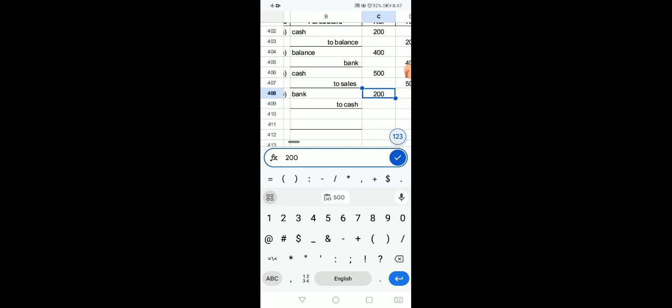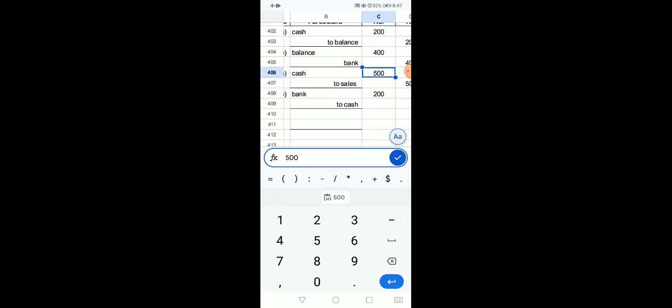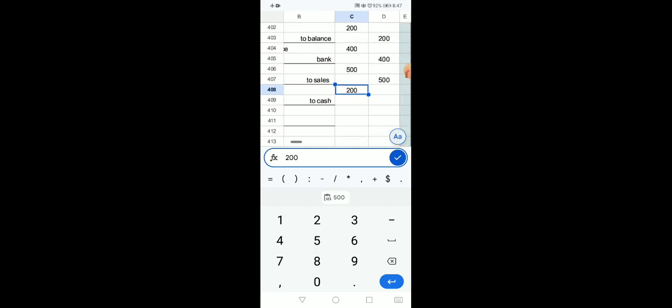Cash you have received was 500. You haven't deposited all the cash into the bank. Some part of this cash has been deposited. That means 200. So 200 is mentioned on debit side, and same you are supposed to write on credit side. So what we have is 2B.